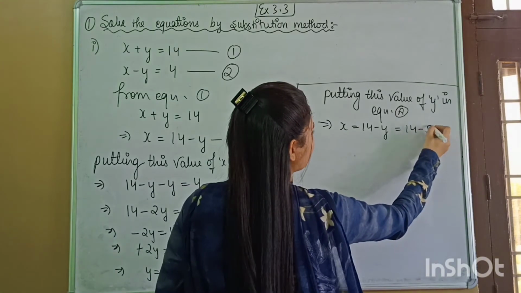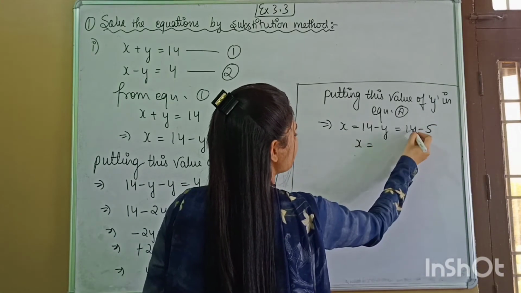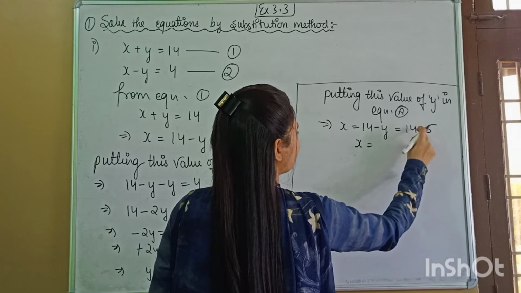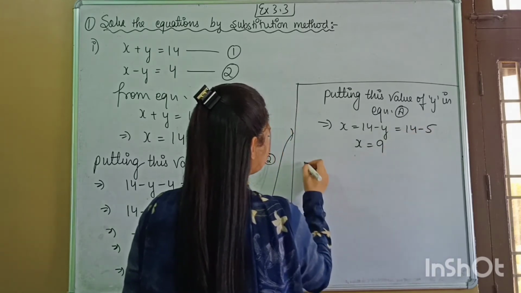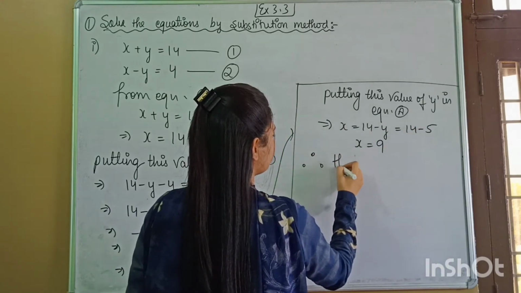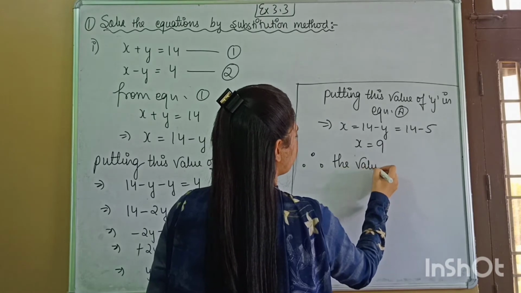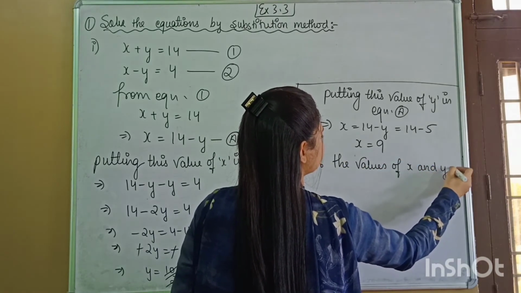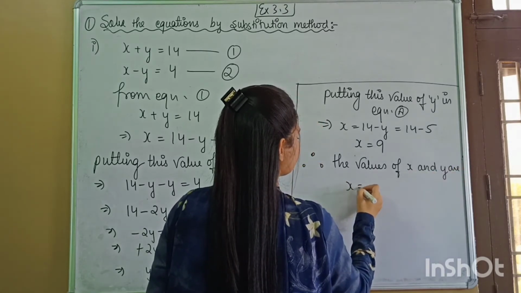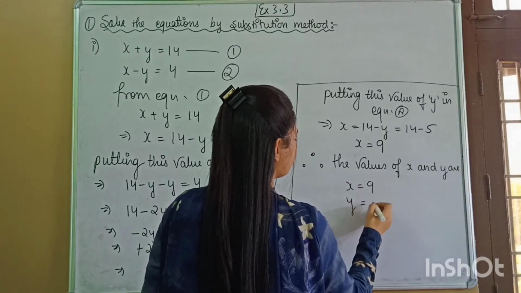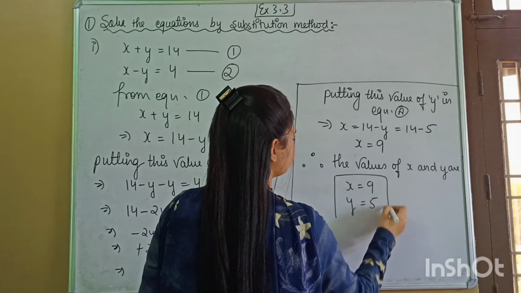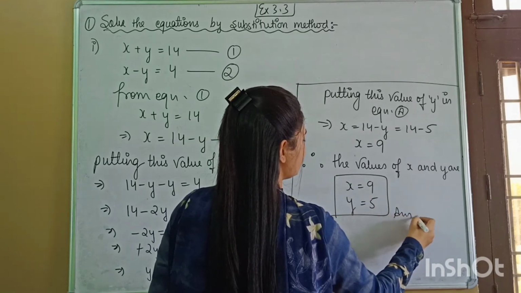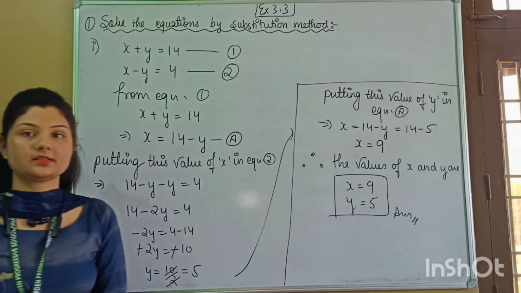So 14 minus 5, that is x is equals to 14 minus 5 will give us 9. Therefore, the values of x and y are x is equals to 9 and y is equals to 5. This is the answer. See, very easy.